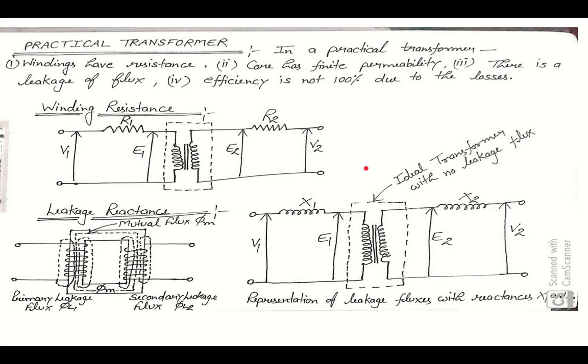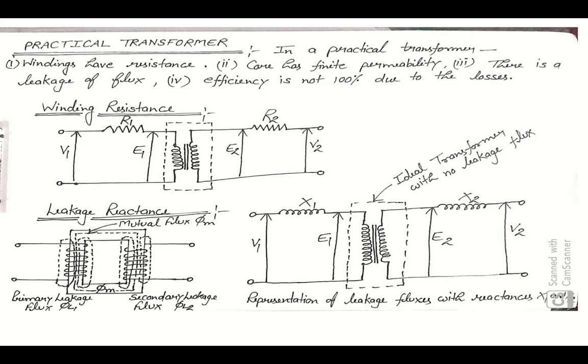Hence the effect of leakage flux is equivalent to an inductance in series with each winding, such that the voltage drop in each series inductance is equal to that produced by the leakage flux.